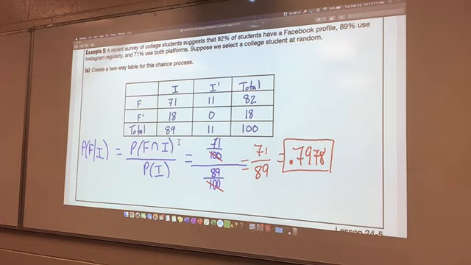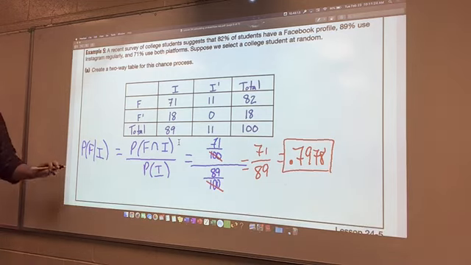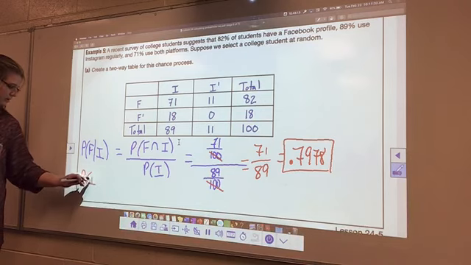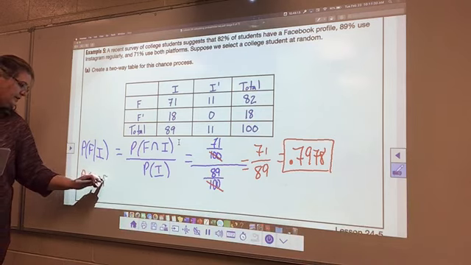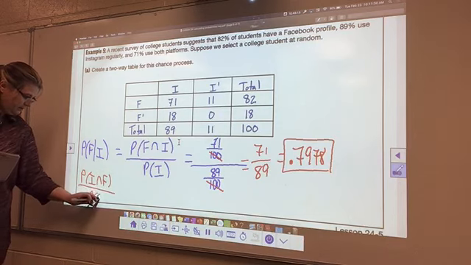How would we rearrange it for H? Because all I did was flip-flop it. So it's the same except just the probability of F on the one. 89 over 70. I put down I divided by F. So the probability of Instagram and Facebook, but then we're dividing by the probability of Facebook.